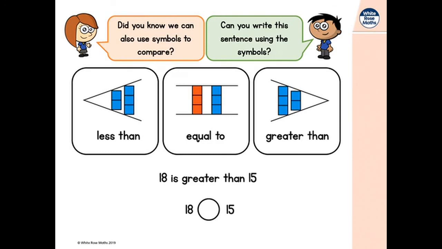Well, we know that 18 is greater than 15, so we would have to use... Pause here, have a go. Which symbol would you use? Exactly. We would use the greater than symbol, because words or symbols, it's still true. 18 is greater than 15.